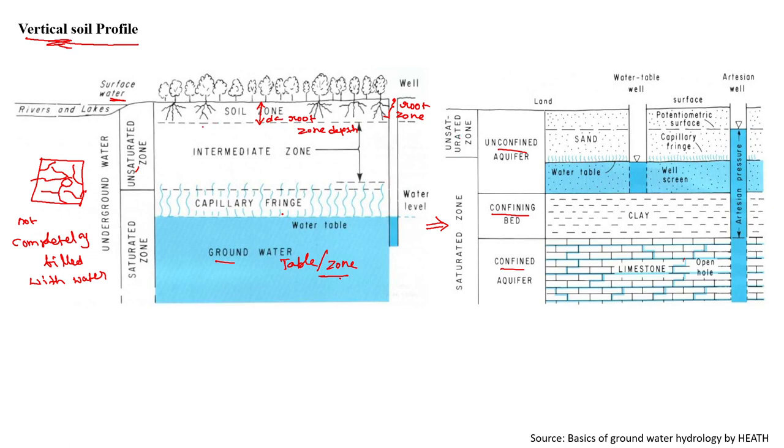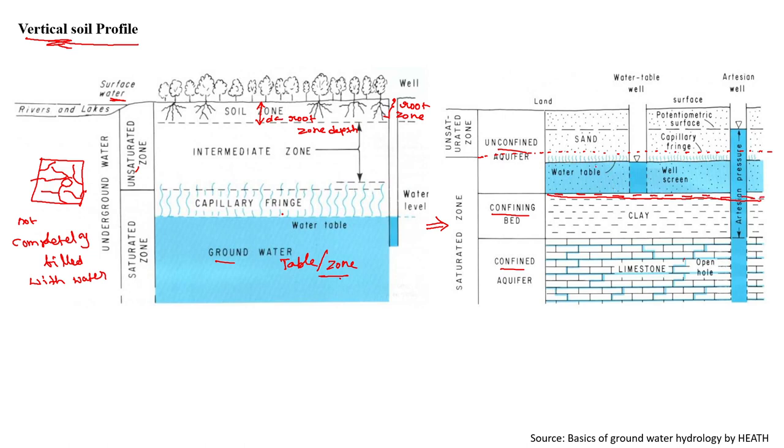As in the left side plot, we have shown that underground water has two zones: the unsaturated zone and the saturated zone. In the unsaturated zone, it may have some water table. If the water table is at this particular location, up to here it is the unsaturated zone, and just below that the water table exists, and at the bottom of the water table we have a solid, either clay or rock.